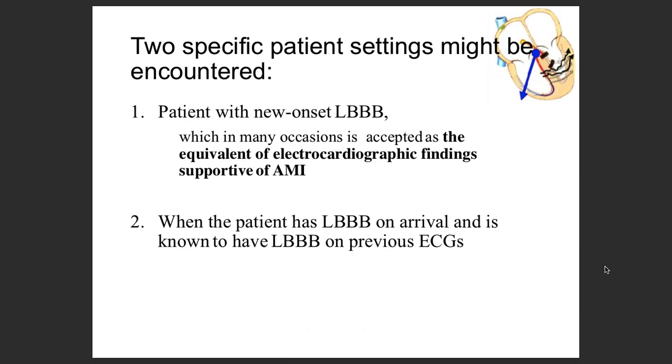And as I had already said, it should be a new left bundle branch block. A lot of times you may come across someone who does not have a recording of the old bundle branch block. So what you should try to do is verify the diagnosis of myocardial infarction on the basis of other parameters as well. ECG is not always the only parameter on which you think that someone is having myocardial infarction.